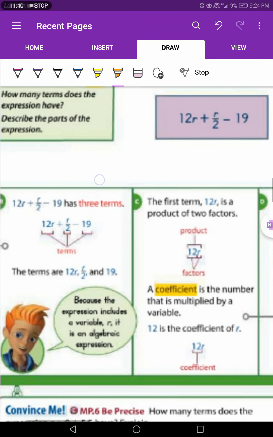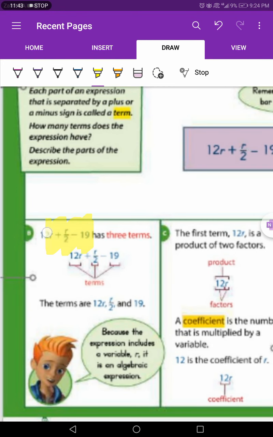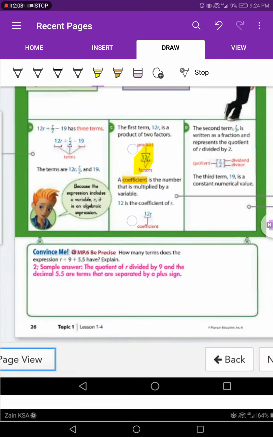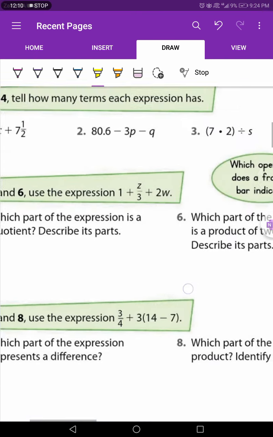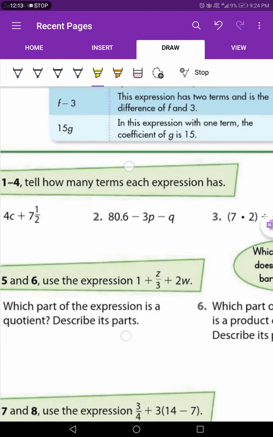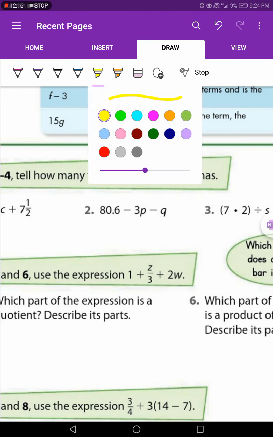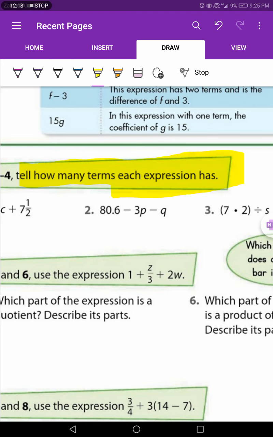Now let us move here. See this example? If you ask me how many terms I have, I have plus and minus, so I have 3 terms. Here 12r, the coefficient of 12r is 12. Let me move to the homework. Tell how many terms each expression has.